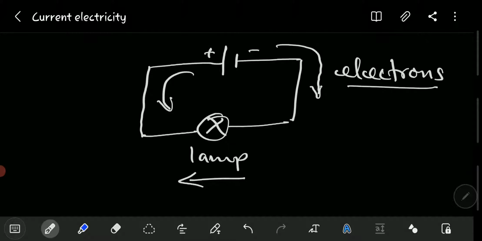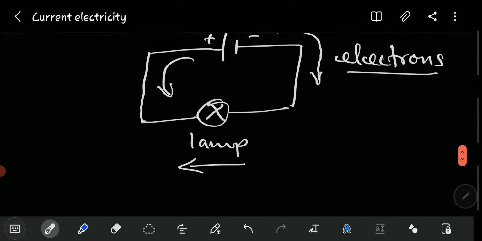So when we talk about potential difference, since electrons actually possess a negative charge, we are saying how much energy is needed to push 1 coulomb of electric charge across the lamp. So that is what potential difference is.